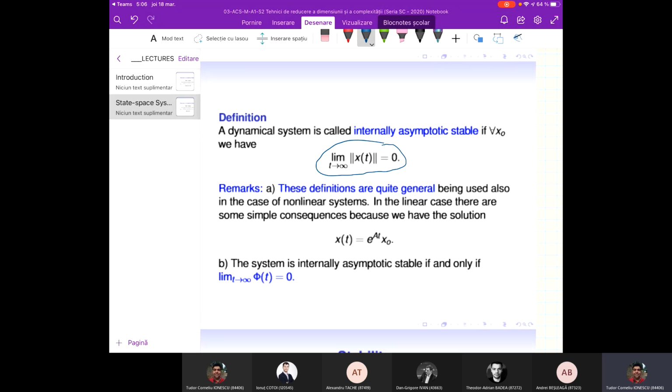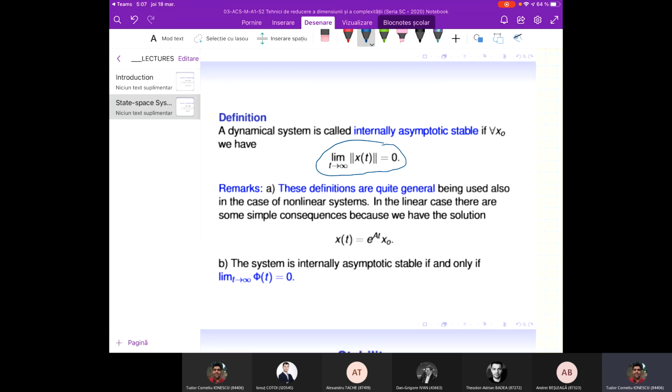Now, the definitions are quite general, also used in the case of nonlinear systems. Actually, the linear discussion is a particular case of the nonlinear systems. In the linear case, there are some simple consequences because we have this specific structure of the solution, which is not to be found in the nonlinear case. We have this simple solution with the matrix exponential.